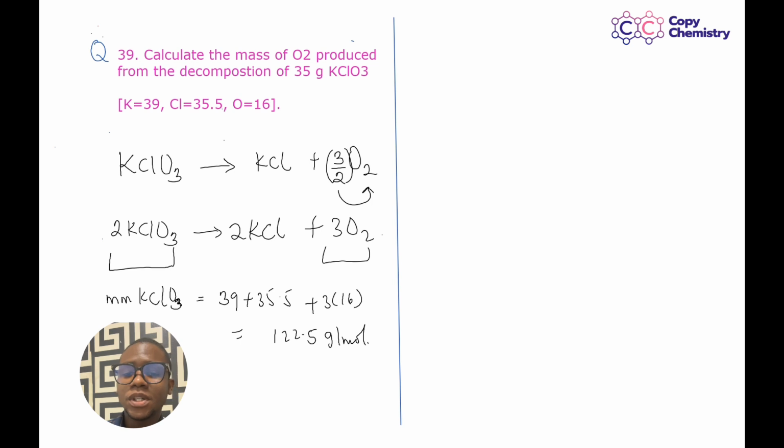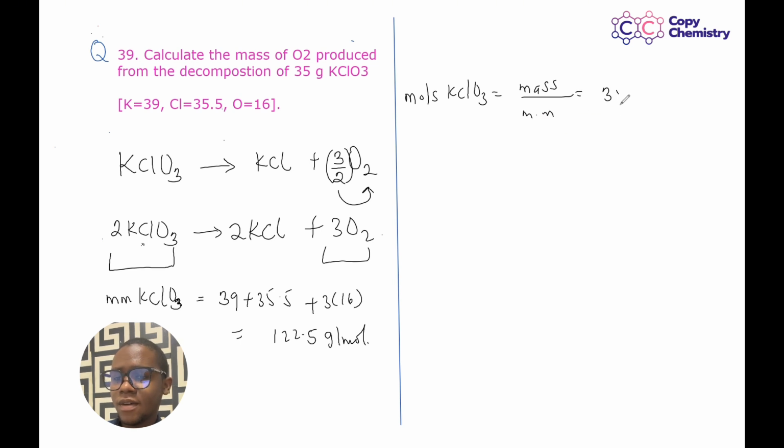If this is the molar mass of KClO3, then what should you do next? Well, we're trying to get the mass of O2 at the end of the day. Let's first figure out the moles of KClO3. Moles of KClO3 is going to be the mass divided by molar mass.